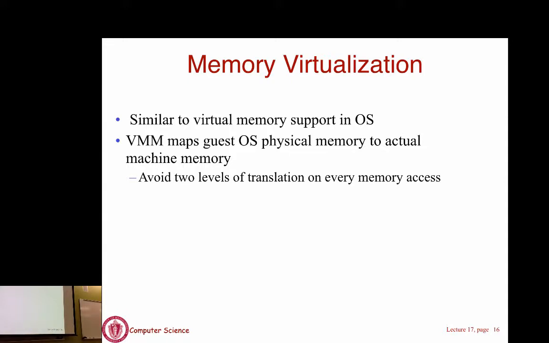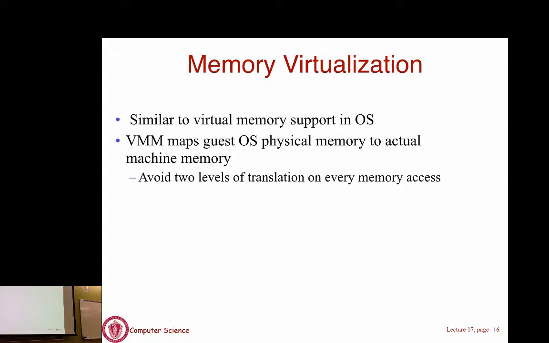So the idea is that it's very similar to whatever the current operating system is doing, having a level of mapping between the physical and the virtual memory. All right, so the physical memory seen by the Ubuntu is actually also a virtual memory.